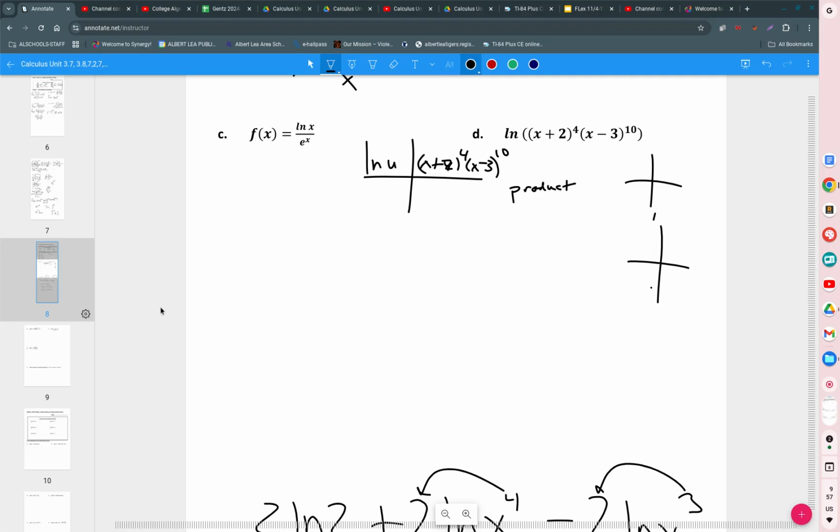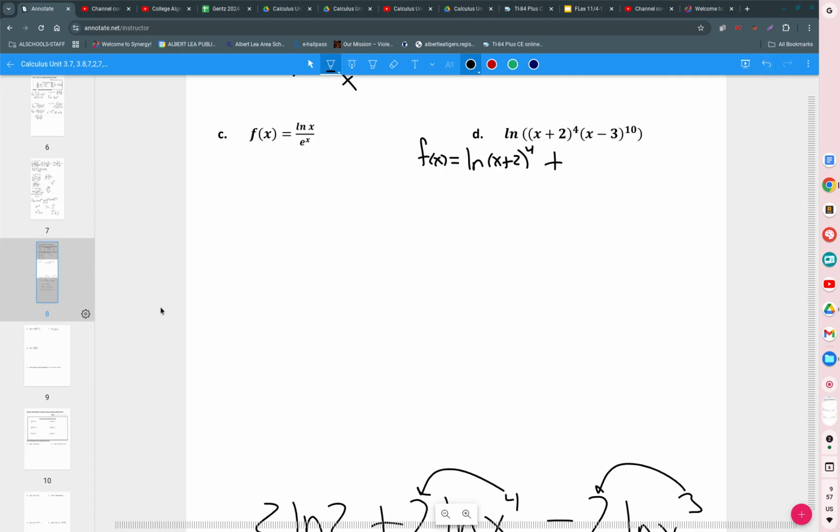Don't do it. Use what you were told last year, okay? Use what you've been told in previous years. I'm going to rewrite this, I forgot the f of x on it, my bad. F of x is equal to the natural log of x plus 2 to the fourth plus, anybody?